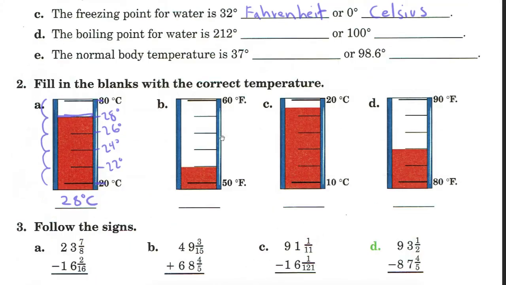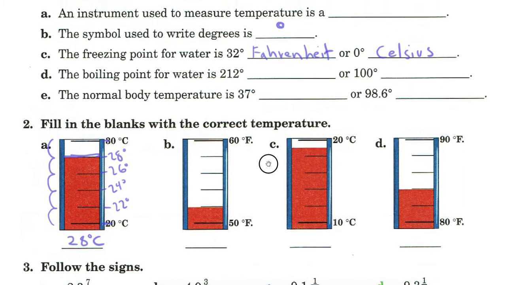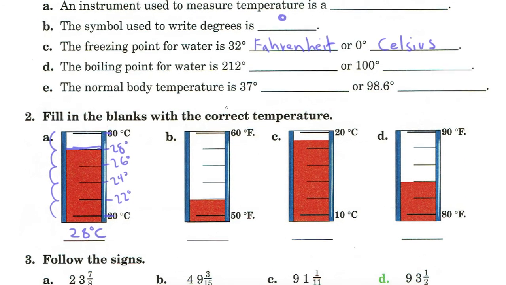One quick thing I forgot to show you guys. If you ever want to convert from Celsius to Fahrenheit, for example, let's say something was 10 degrees Celsius, and you were wondering, I'm not sure what 10 degrees Celsius feels like. What is that in Fahrenheit? A good formula you can use is just times 2 plus 30.